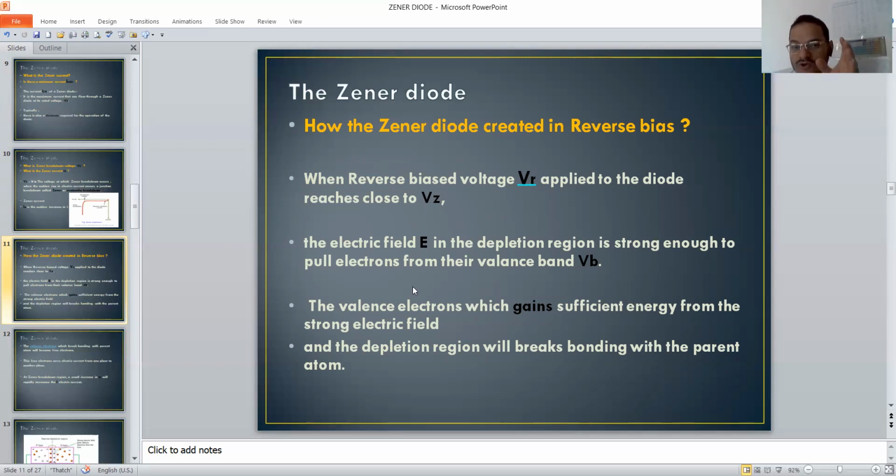All that is because of the sufficient electric field. The electrons gain enough energy to skip from the valence band to the conduction band comfortably, because we don't have any depletion region. That means in this situation we are dealing with something like any conductor, because conductors don't have any depletion region.